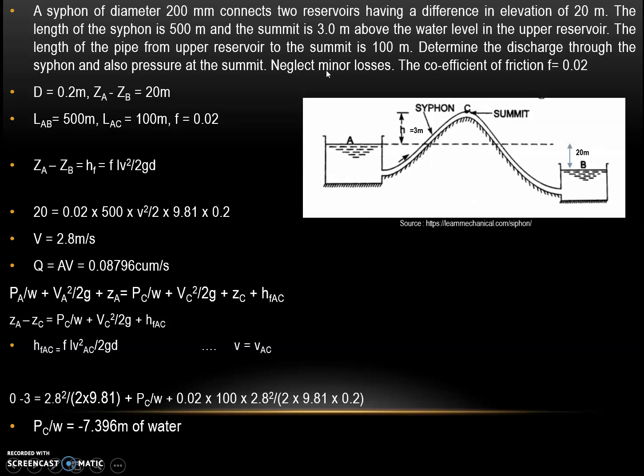Find out the discharge through the siphon and also pressure at the summit, that is PC. We need to neglect minor losses. Coefficient of friction F equal to 0.02.